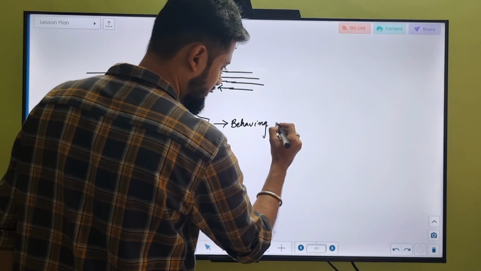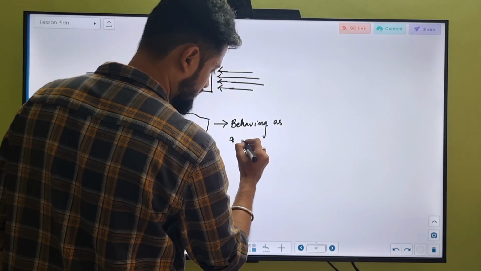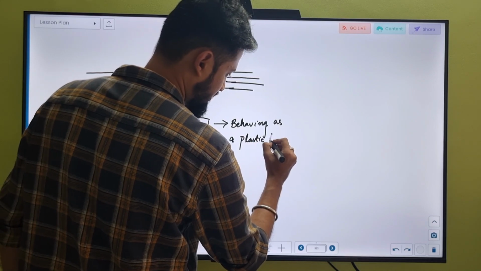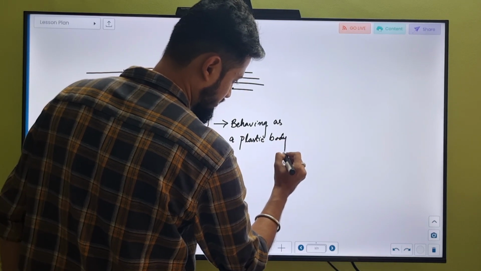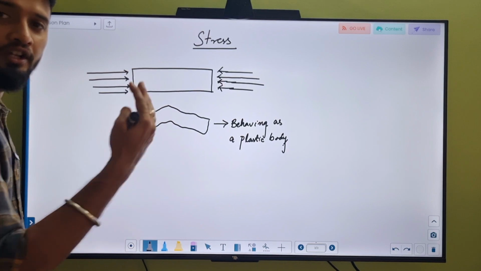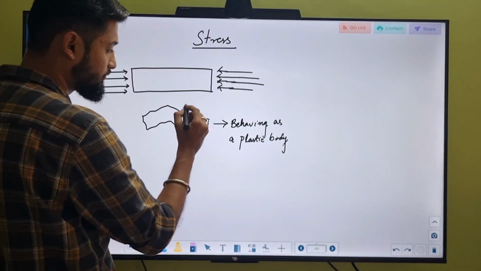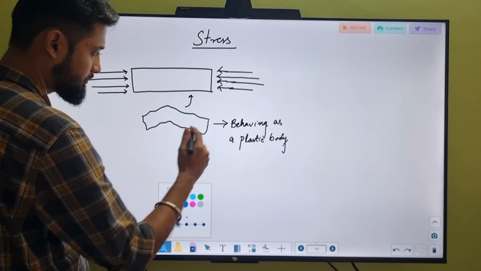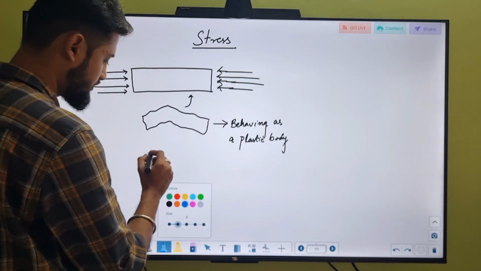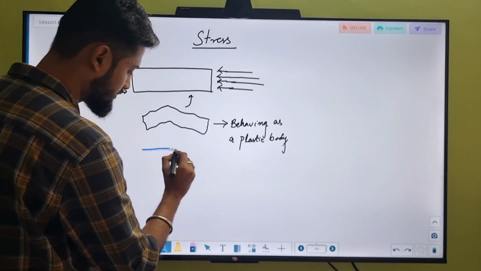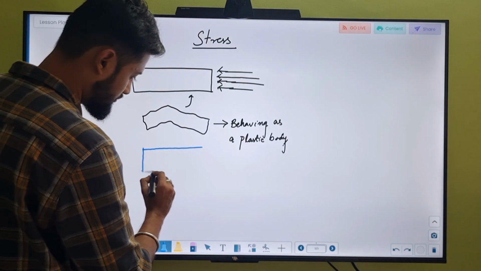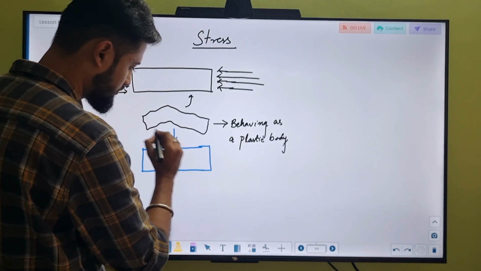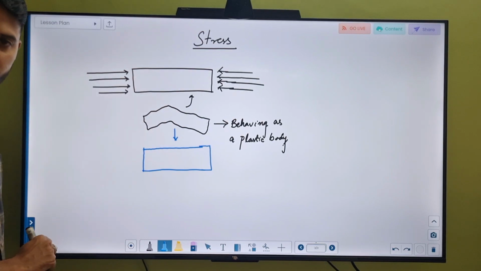In case it is behaving as a plastic body, then what happens? It tries to regain its form. Okay, so what happens after some time when you release the stress? So what happens again? It comes back to its original position, regains its original shape.